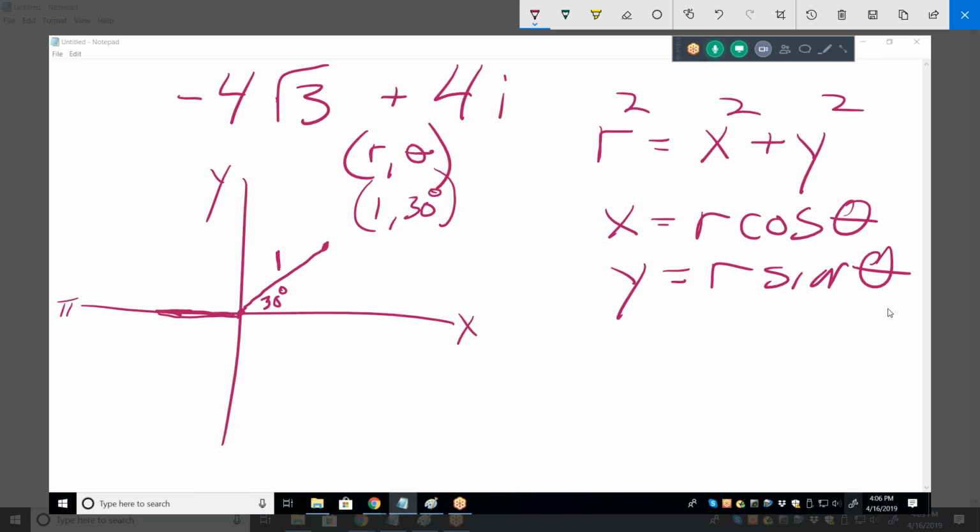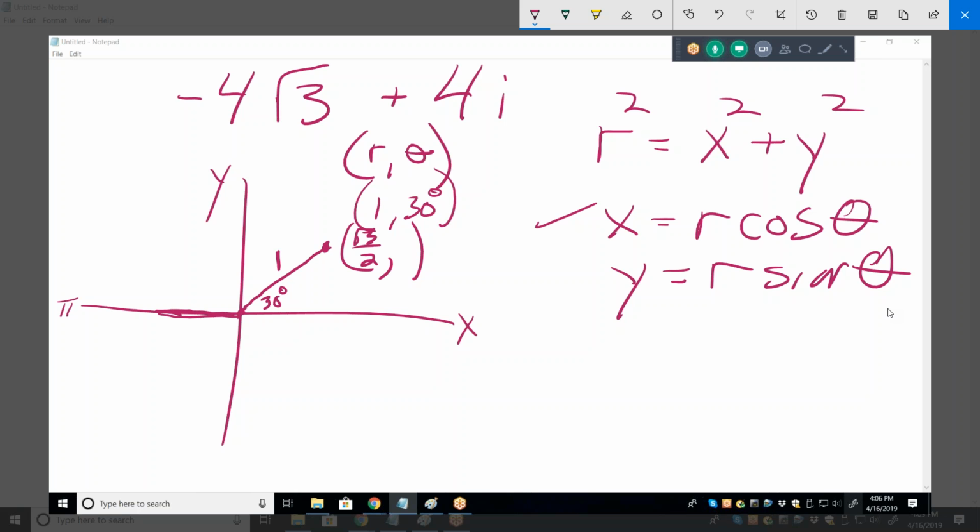Now, if I want to figure out what the x and y coordinates are, I know the polar coordinates are 1 comma 30. What is x? R times cosine of theta. R is 1. Cosine of 30 degrees is root 3 over 2.